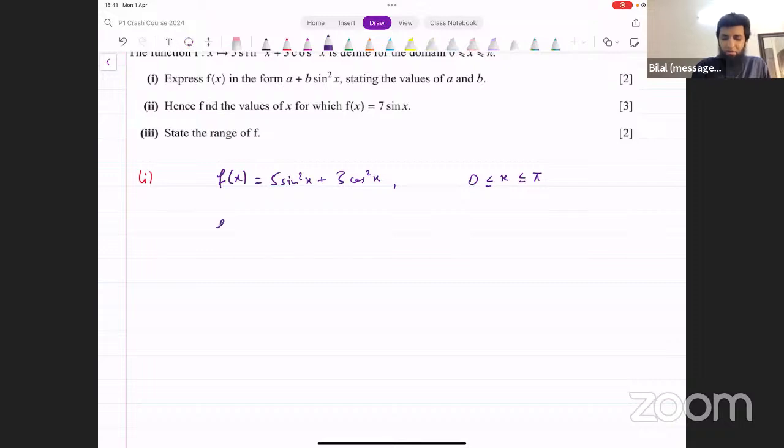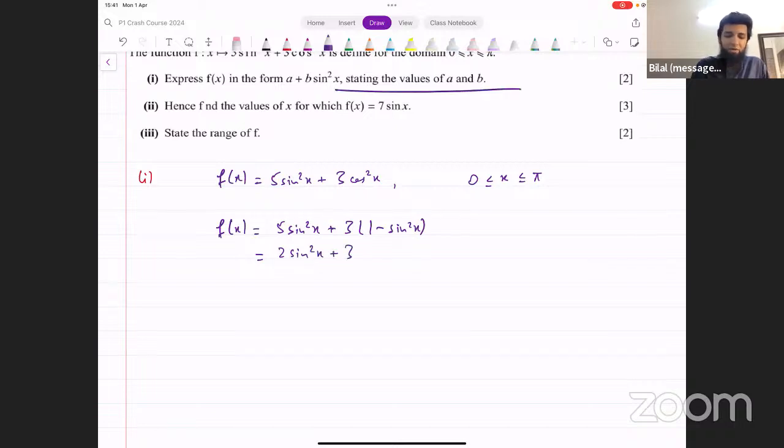Okay, we could try that quickly. You have to get rid of cos square. So what does that become? 5 sine square x plus 3 into 1 minus sine square x. And that's going to give you 5 sine square x minus 3 sine square x. That will be 2 sine square x plus 3. Okay, that's what you get from this.